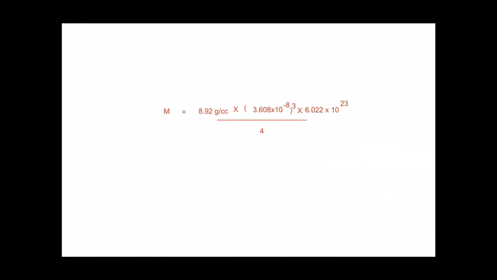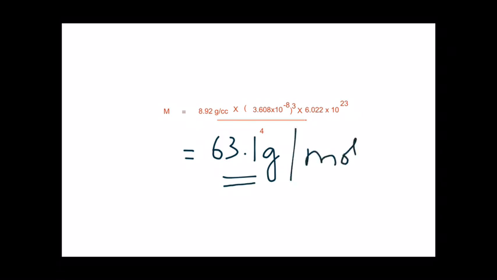You'll get the answer as 63.1 gram per mole. So the atomic mass of copper, you'll get the result as 63.1 gram, which is equivalent to 63.1 u, that is the unified mass.